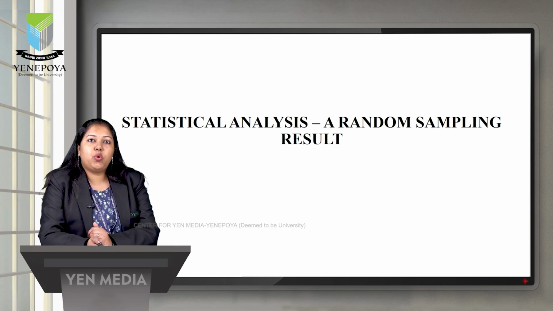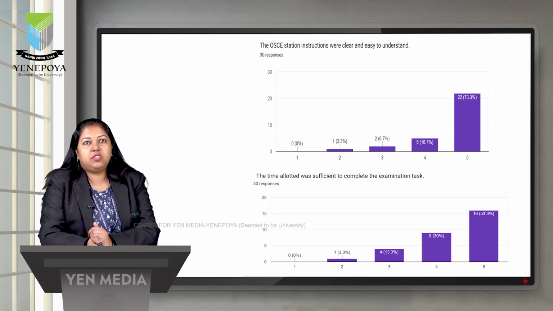So here I'll be showing a statistical result of what we have performed in our department. Here you can see the scenario: the feedback was taken on a linear scale from points 1 to 5, and we gave a 10-question feedback questionnaire.